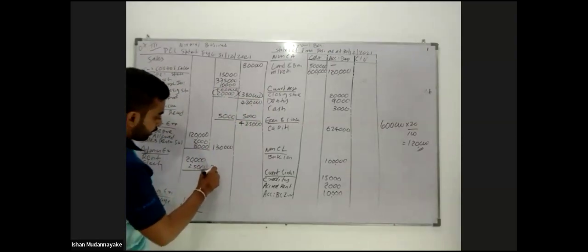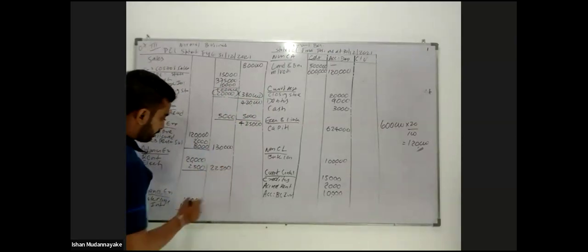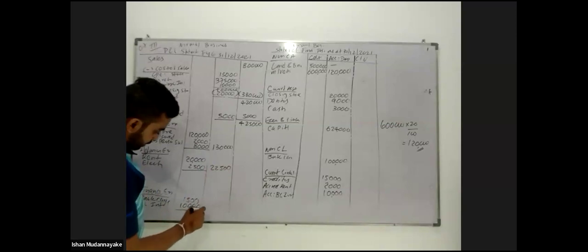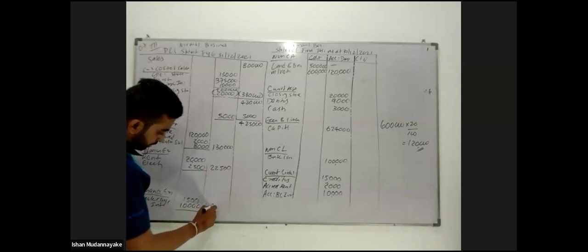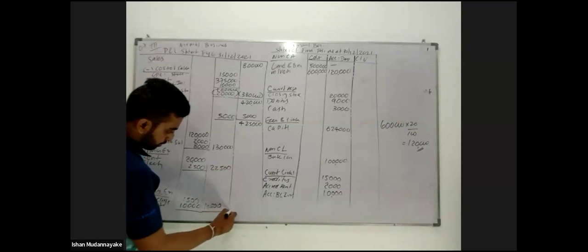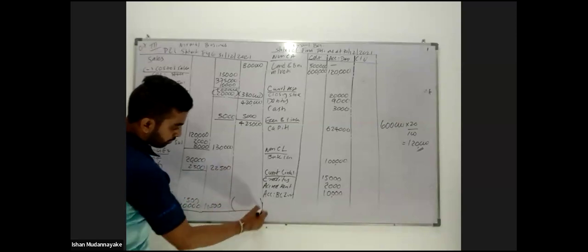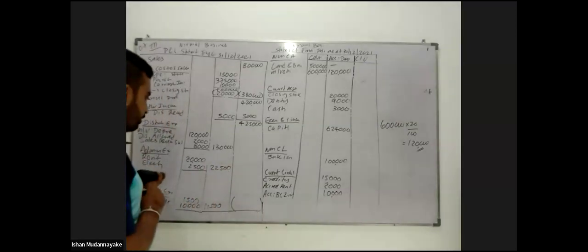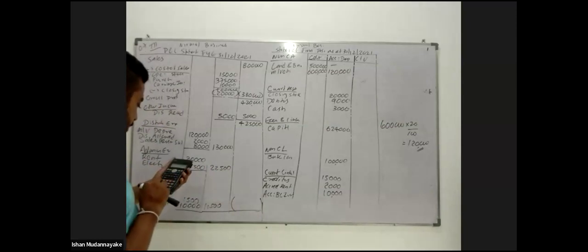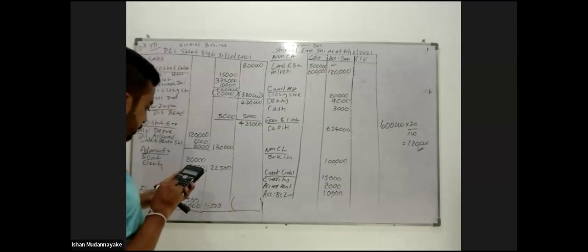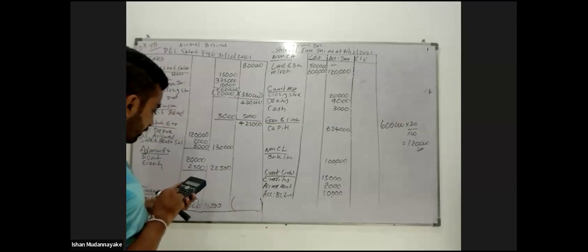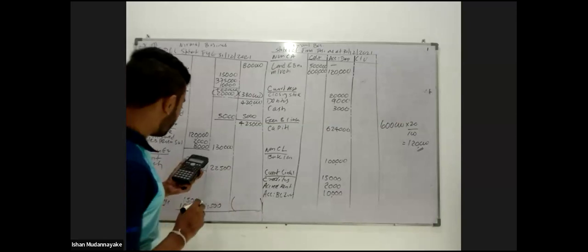Administration expense 22,500. Finance expense 11,500. So total expenses 130,000 plus 22,500 plus 11,500, total expenses 164,000.